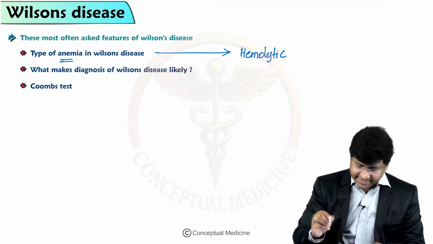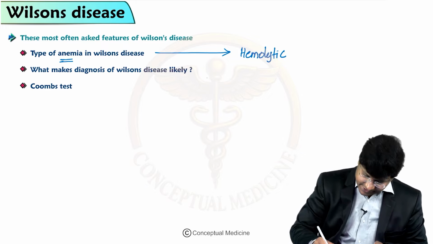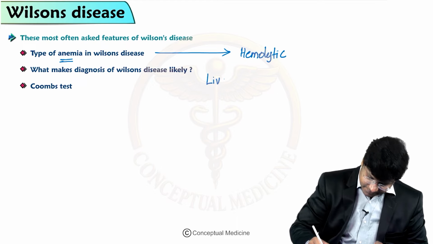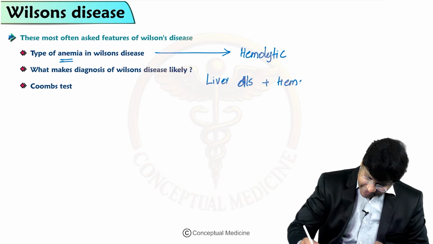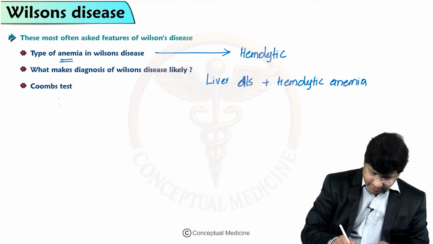And what makes the diagnosis of Wilson's disease likely? The presence of the liver disease and the hemolytic manifestations, right, that is hemolytic anemia, that makes the diagnosis most likely. So what type of hemolytic anemia?